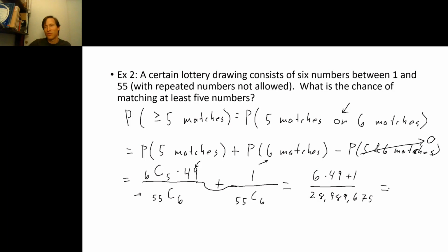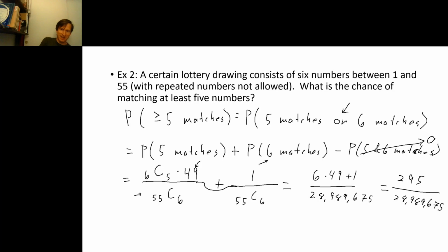And 6 times 49 is 294. Plus 1 is 295. Divided by 28,989,675.